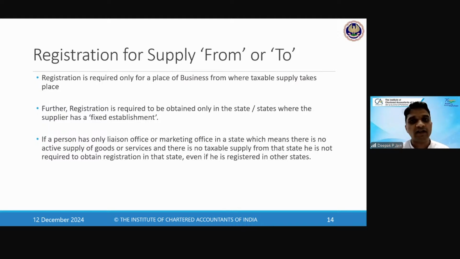Because what does a job worker do? Supply of service, right? He's not doing supply of goods. He's working on the goods, but that is not supply of goods. It is supply of services. His work is supply of services. So the limit is 20 lakhs itself.